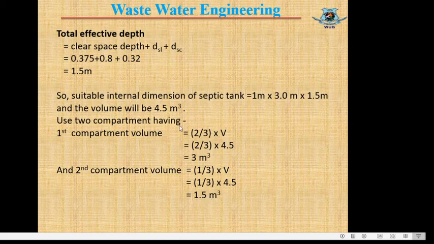So this is the design of the septic tank, where the total volume is 4.5 meter cube, first compartment volume 3 meter cube, second compartment volume 1.5 meter cube, and depth is 1.5 meter.